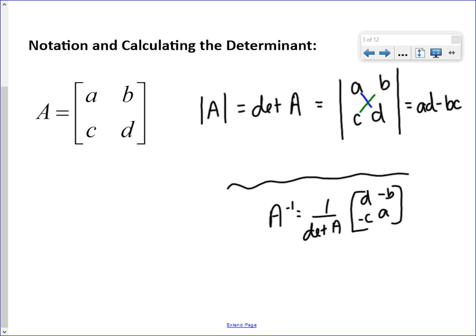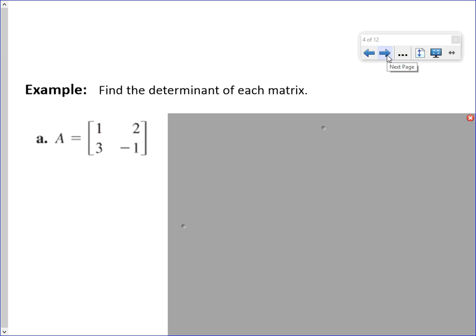Okay, excellent. I've got some examples I want you to practice, and this should be not too terrible. Find the determinant of each matrix. I'll run through the first one, and then I'll give you a couple to do. This time I'm going to switch up my notation.